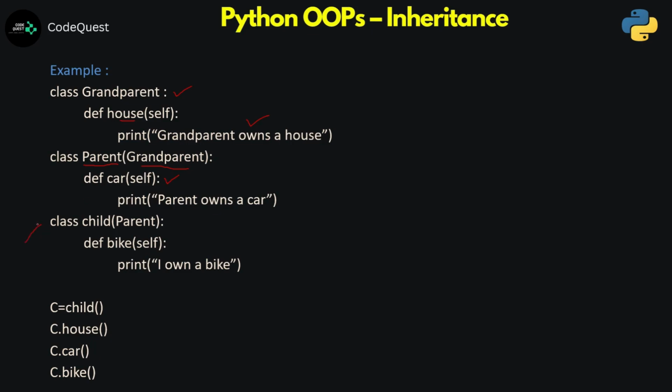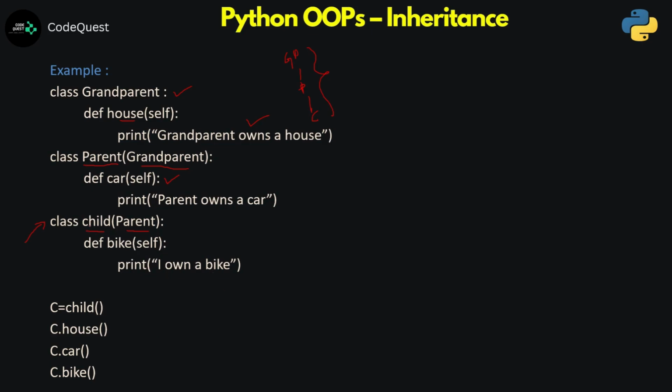Finally, when I am defining the class child, you can see we have taken parent as the base class, and the parent which we have taken as the base class for this child is already a child class of grandparent. So hence we have grandparent, then parent, and then child. This is how multi-level inheritance exists here.